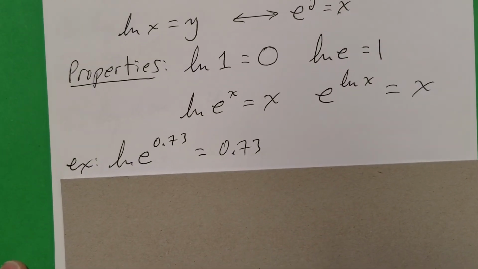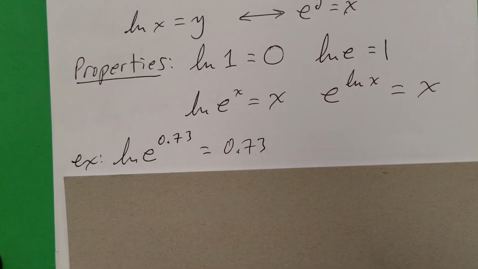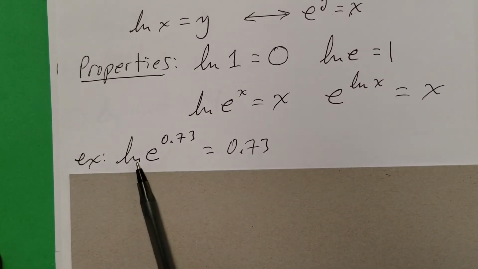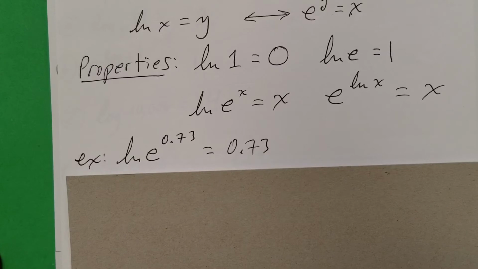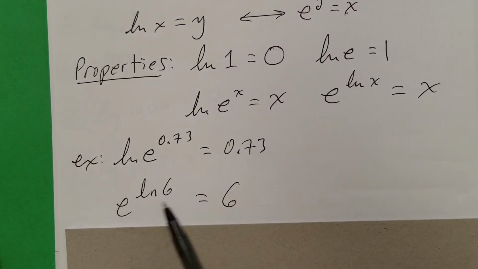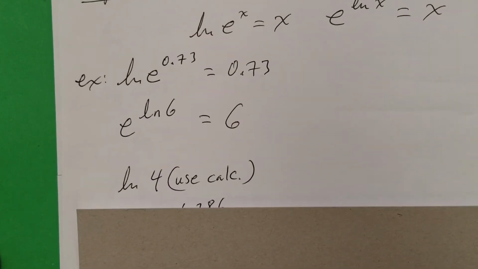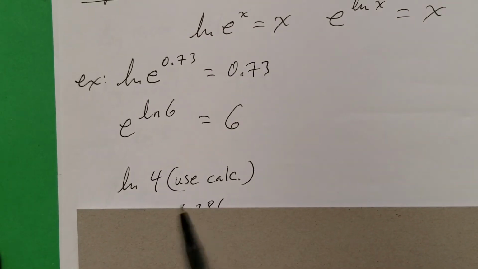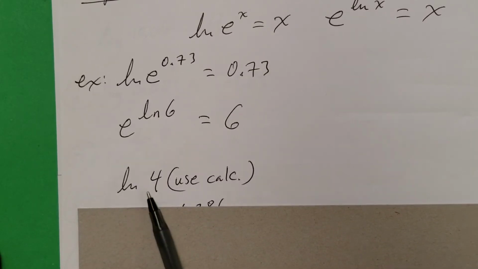Now, technically speaking, you could enter all of this in the calculator, but it would help so much to know that ln and e cancel each other. So why do you want to go through all that trouble when the answer is staring right at you? Okay, same thing here, right? They cancel each other. If you get some funny number without e, so nothing cancels here, then you really need to use a calculator.